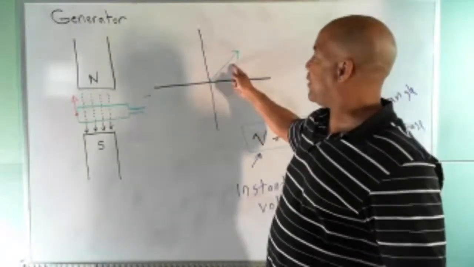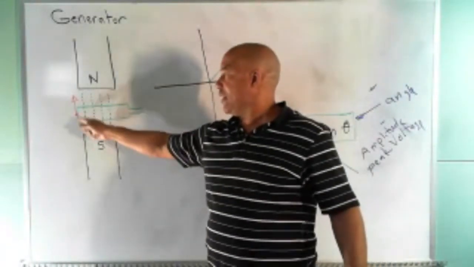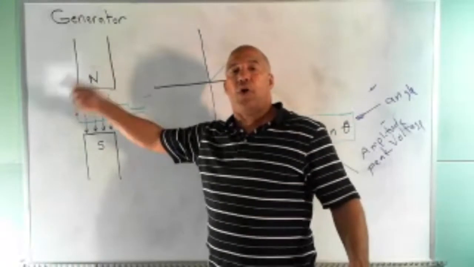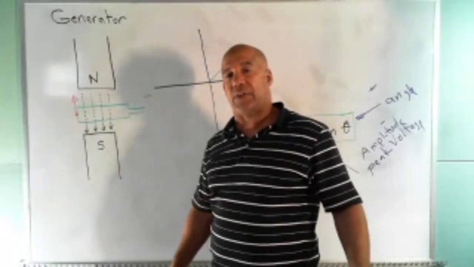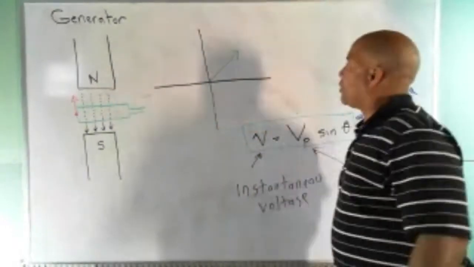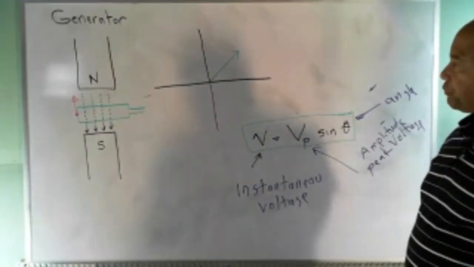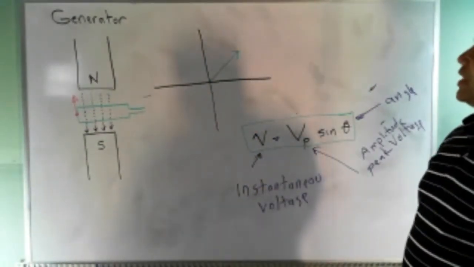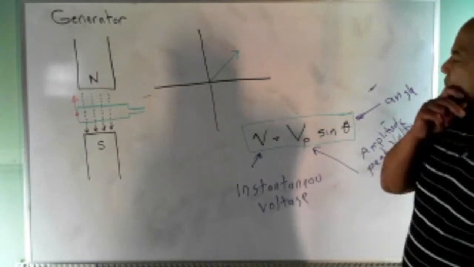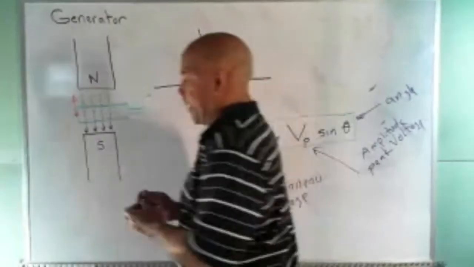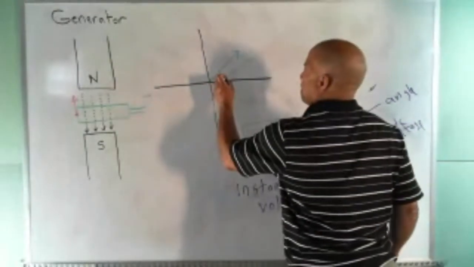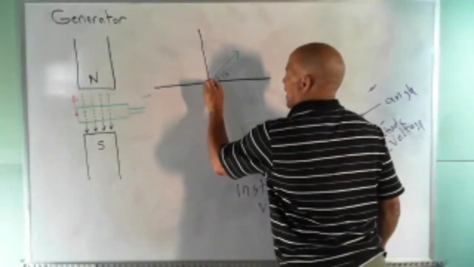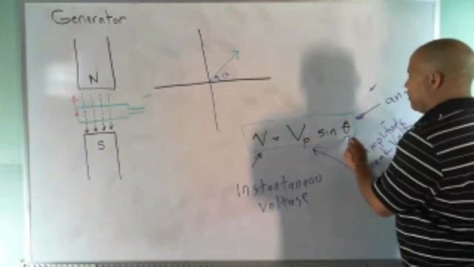So remember, this phasor is telling us where this coil is. That arrow right there is telling us where the coil is as it goes through its journey around 360 degrees. So that phasor is rotating. Now I want you to think about something. This theta right there, that angle is right here. That's that angle, this theta.